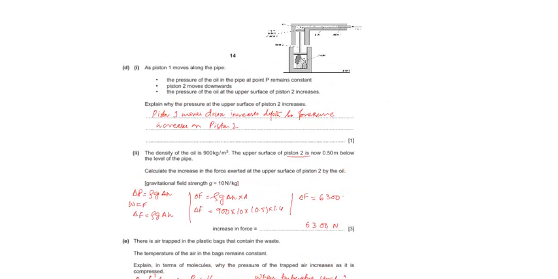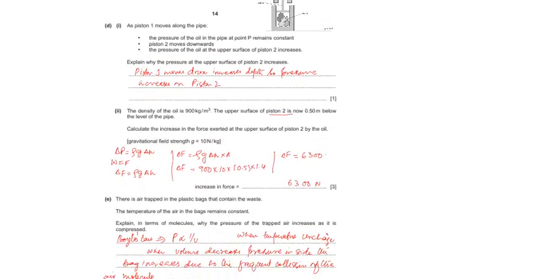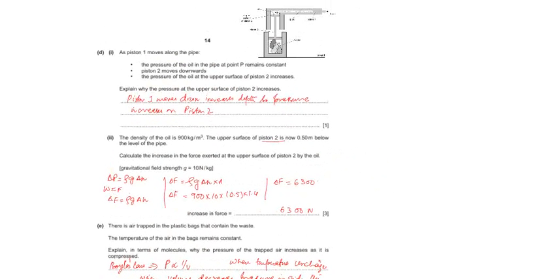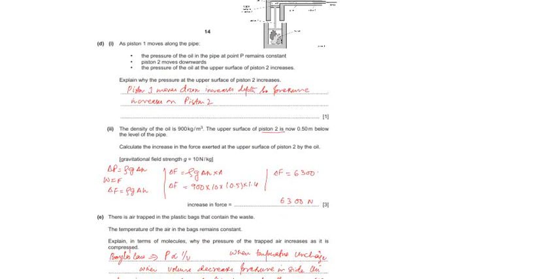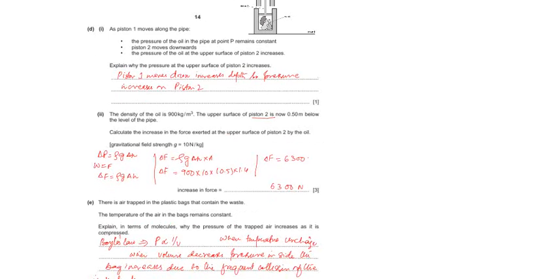The density of the oil is 900 kilogram per meter cube. The upper surface of the piston tube is now 0.5 meter below the level of the pipe. Calculate the increase in the force exerted on the upper surface of the piston tube by the oil. Gravitational field strength is 10 Newton per kg.